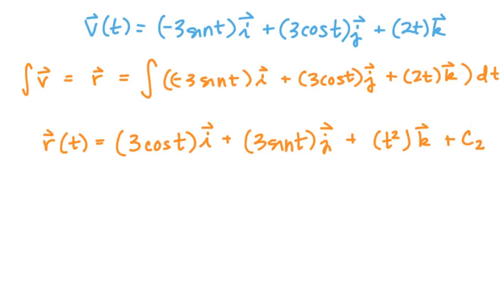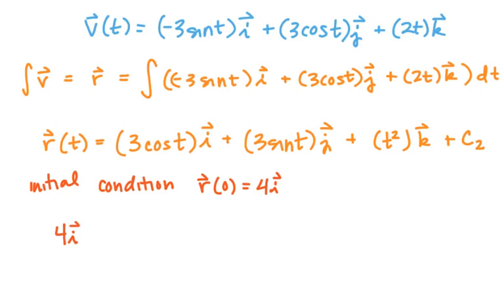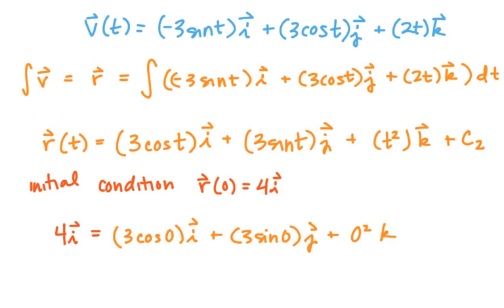So again, as I already said, we know an initial condition. r of 0 equals 4i. So we'll set that up. That means 4i equals, I'm going to plug in 0 for all of my t's, 3 cosine of 0 i plus 3 sine of 0 j plus 0 squared k plus c sub 2.